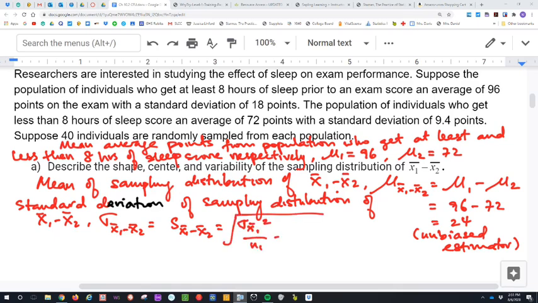We know that we cannot add or subtract standard deviations. The only thing we can do when we're talking about standard deviation involving two populations is add the variances from those two populations. So the square root of sigma x1 squared, which is the variance, divided by n1.